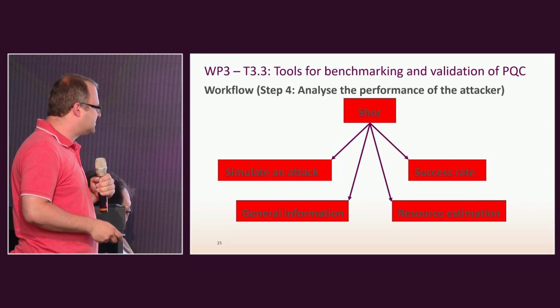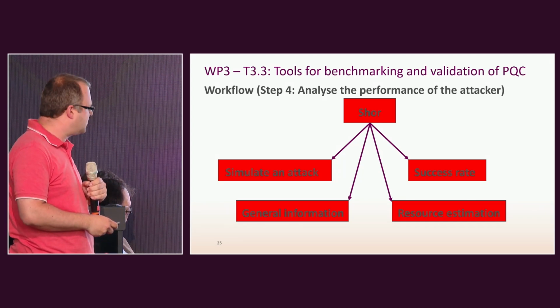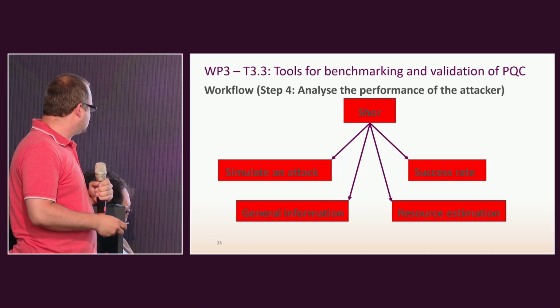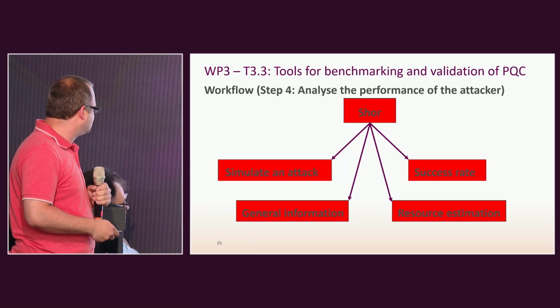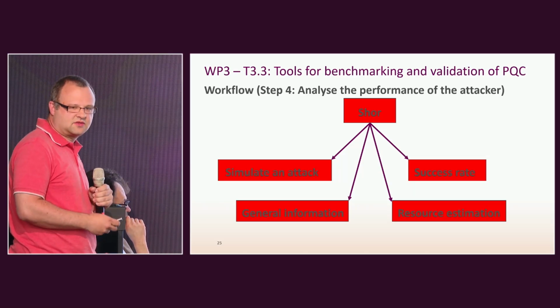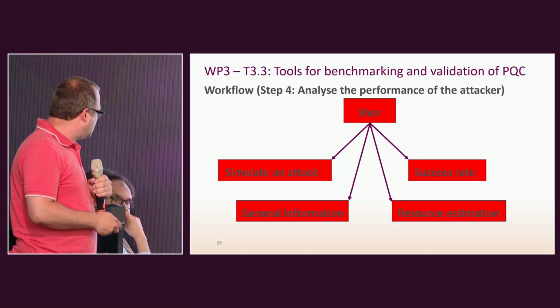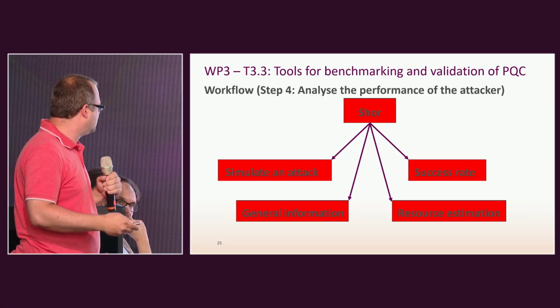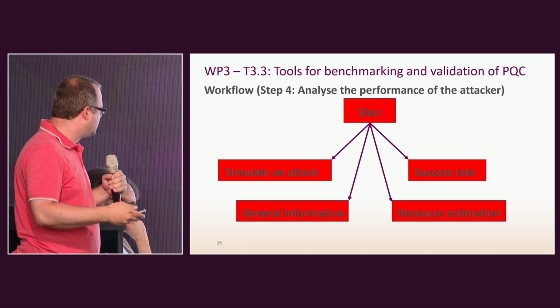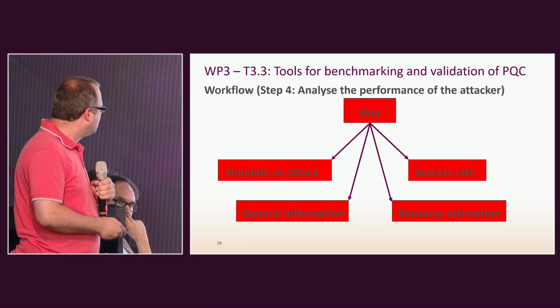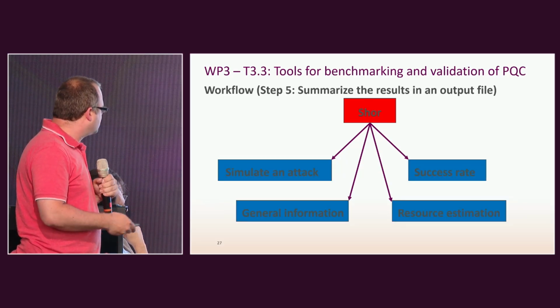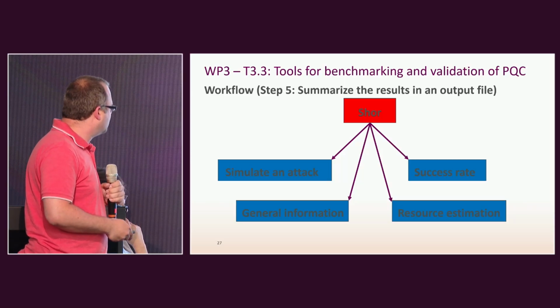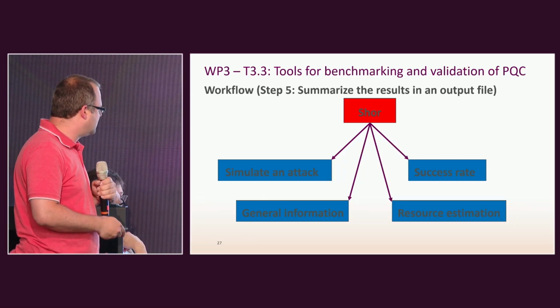You can do the resource estimation, as I've shown before. You can also provide some general information on the algorithm and simulate an end-to-end attack, from encryption to decryption, and also recovering the private key. Then as a last step, we summarize the results in an output file.